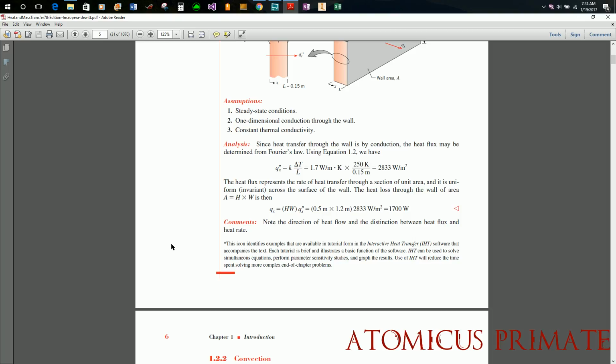The heat loss through the wall of area A equals H times W is then q sub x equals HW times q double prime sub x, and they get 1700 watts. And they have a comment saying to note the direction of heat flow and the distinction between heat flux and heat rate.